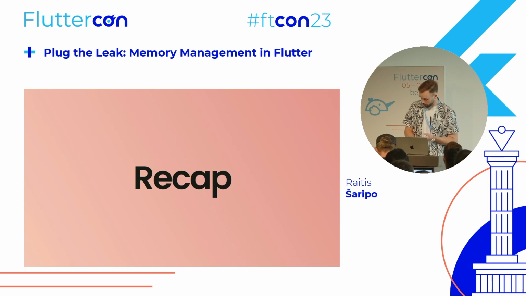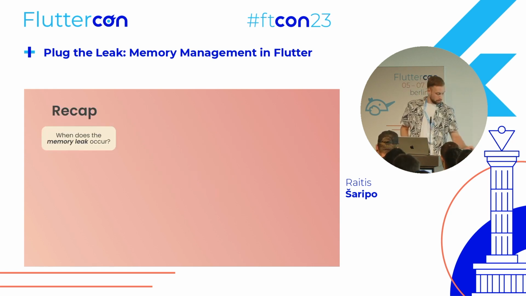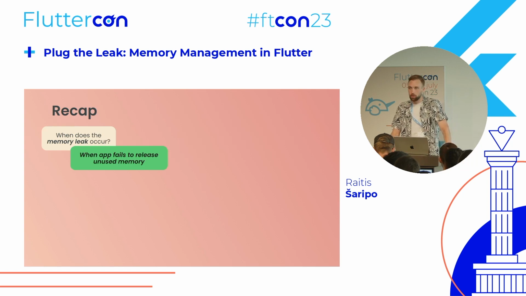All right, let's quickly recap what we talked about today. A memory leak happens whenever our application fails to release memory that is unused anymore and make it available for any future allocations.